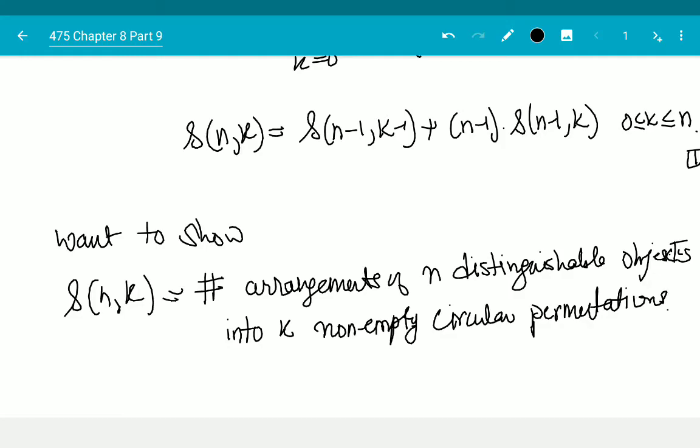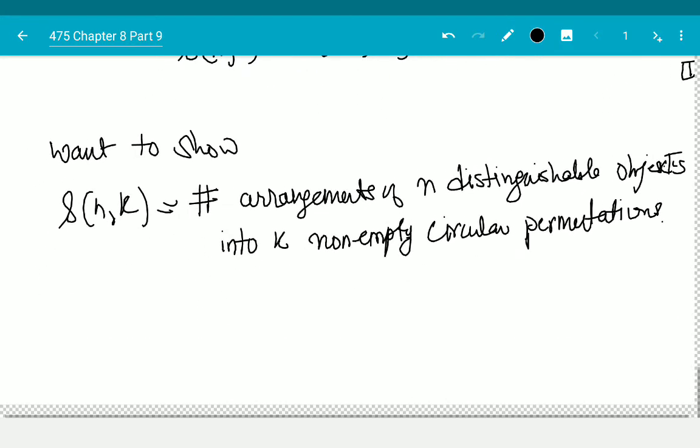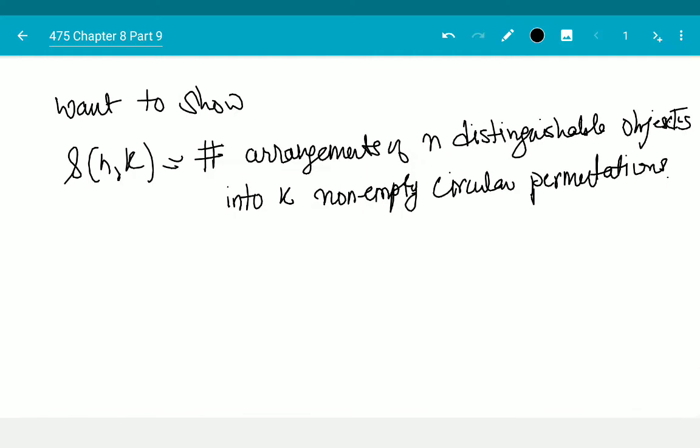So basically, I am going to divide it into k circular permutations, right? Proof? Induction on n, not k.